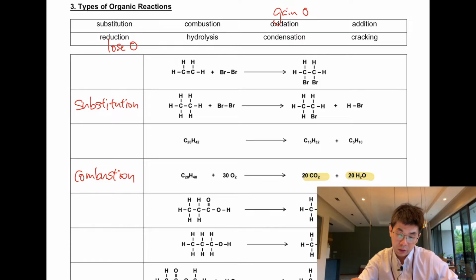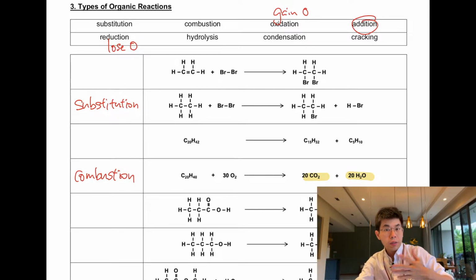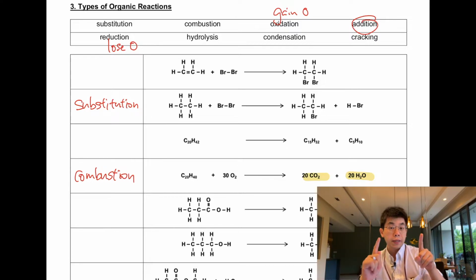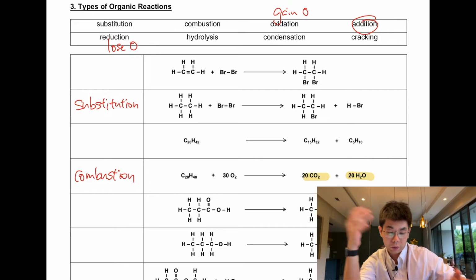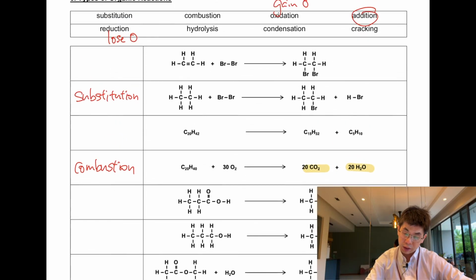Okay, now let's look at something else, addition. So addition is like I have 1 plus 1 gives me 2, right? It's like I take something and I add it directly in. And why can I add in? Let's say, for example, in a soccer game, maximum is 11 players, right? I have 10 players. Do I have space to add in one more player? Yes, I got space. So let's look at a substance that seems to be adding something else in.